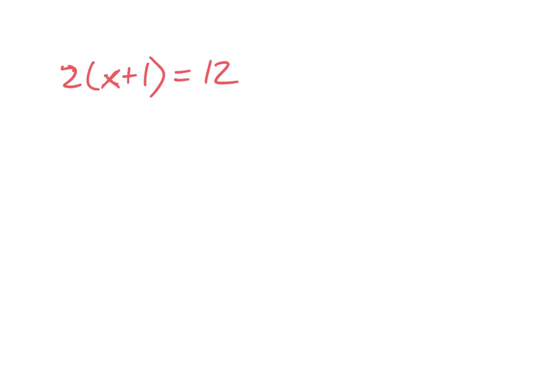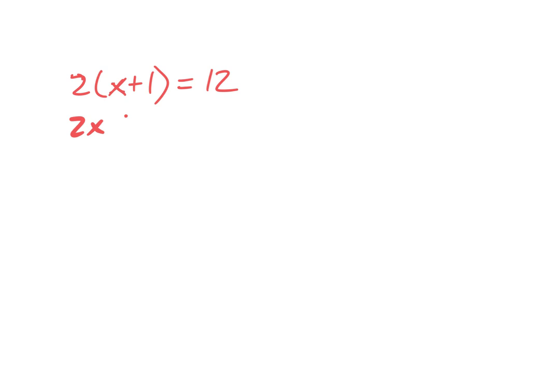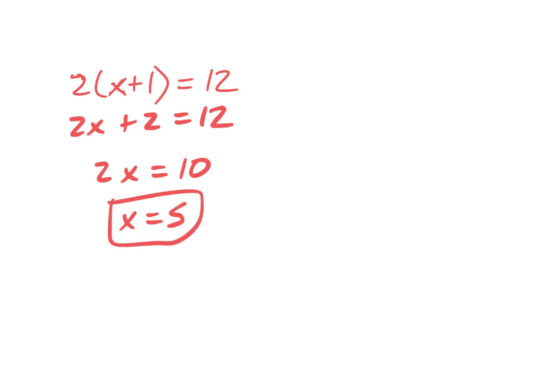I'm going to show you 2 ways that we could do this. Most of the time, that's what we would do. I would distribute, I would subtract 2, and I would divide by 2. And I get x equals 5.